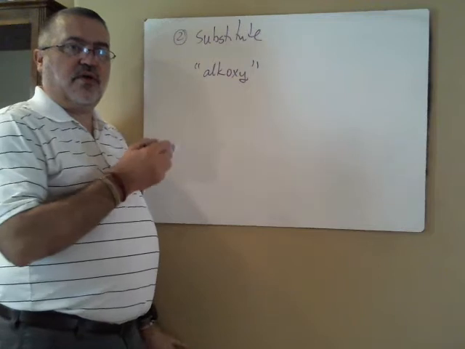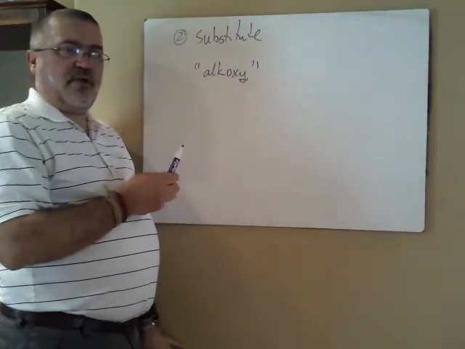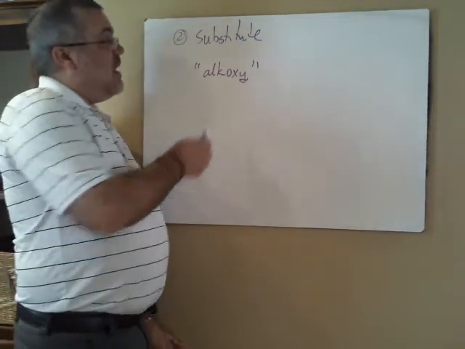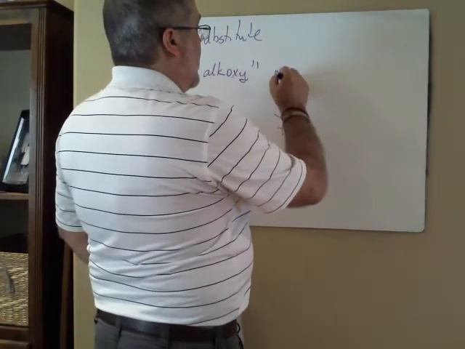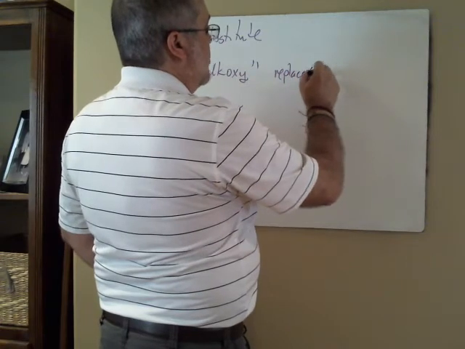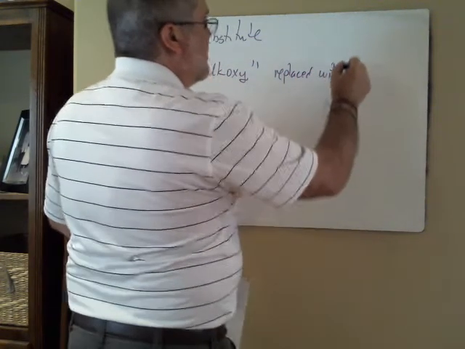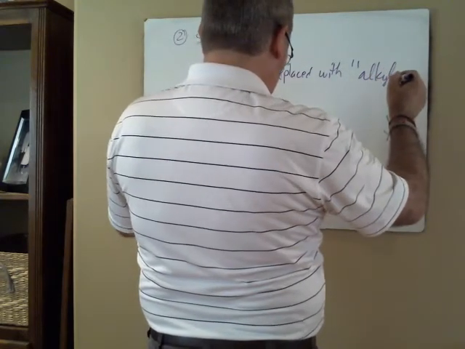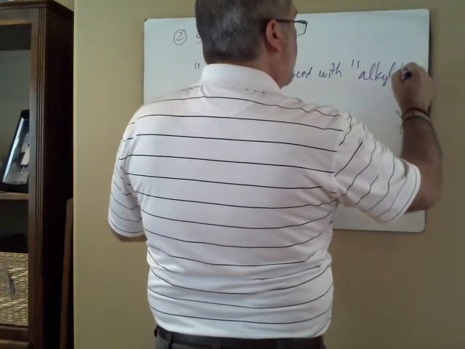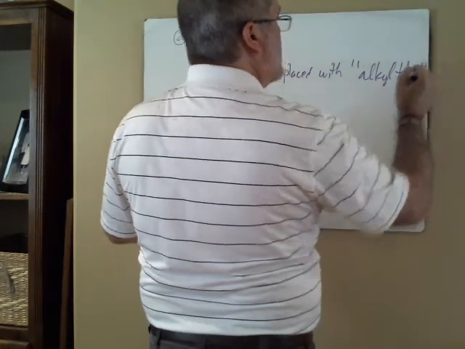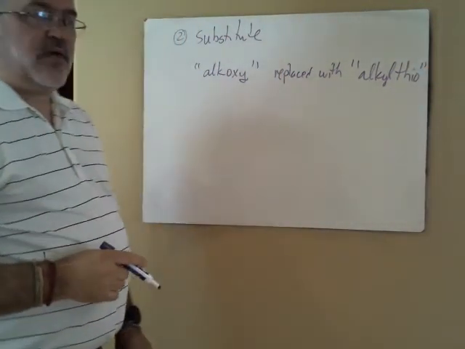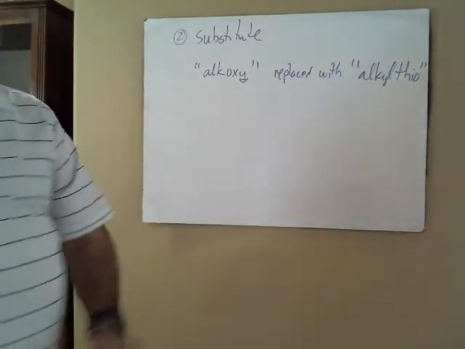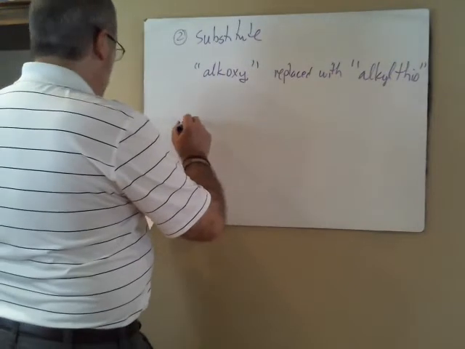And that is where whatever the alkyl group is, you then just added oxy to the end of it, alkoxy. Now we're going to substitute that. So replaced with alkyl thio.